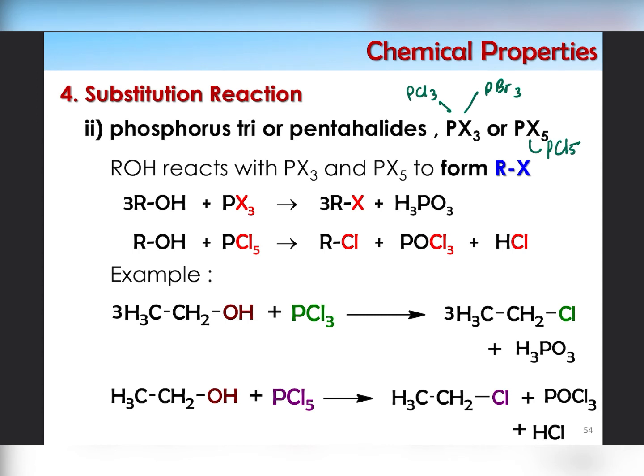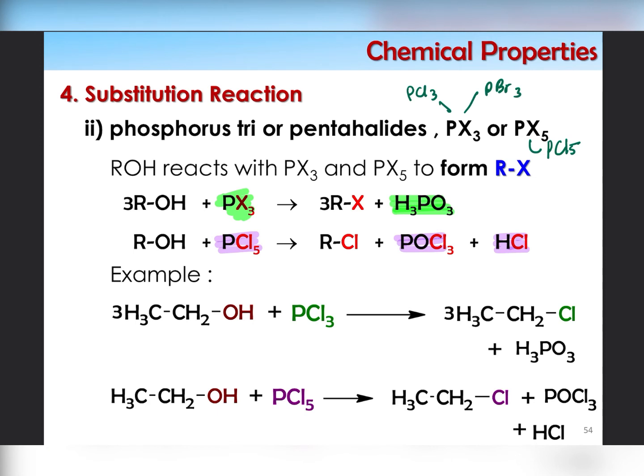So let's say you have alcohol react dengan phosphorus trihalide, you will get your side product here H3PO3. Okay, so kalau react dengan trihalide, kamu akan dapat this side product. Okay, so kamu kena hafal lah. Kalau react dengan PCl5, kamu akan dapat side product dia POCl3 dan HCl as the side product.